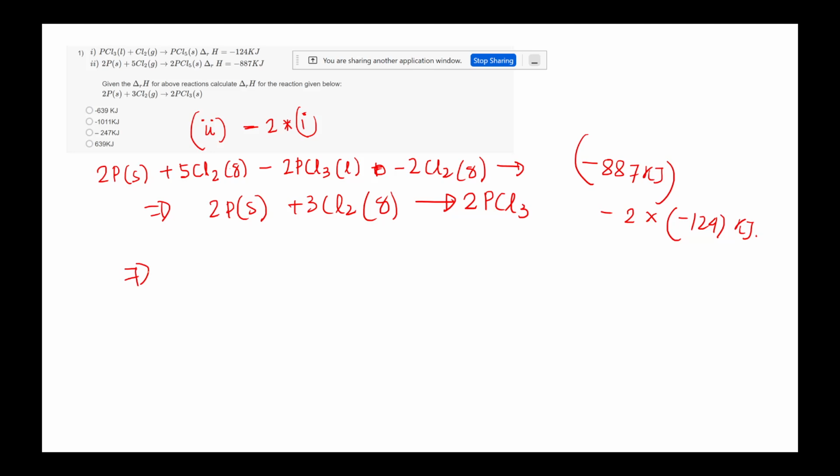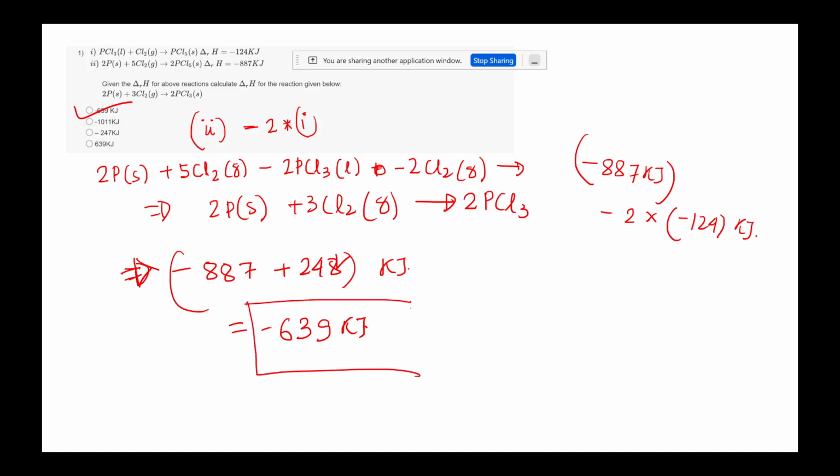So from this we can write minus 887 plus 248 kilojoule, that becomes minus 639 kilojoule. So this first option will be the correct option. Okay, this is pretty simple.